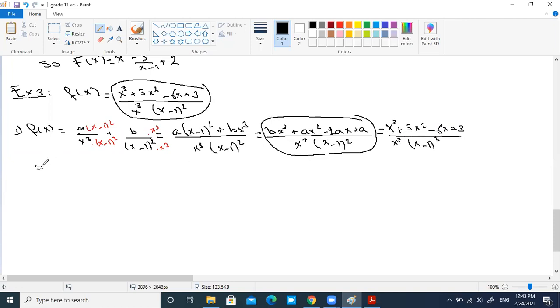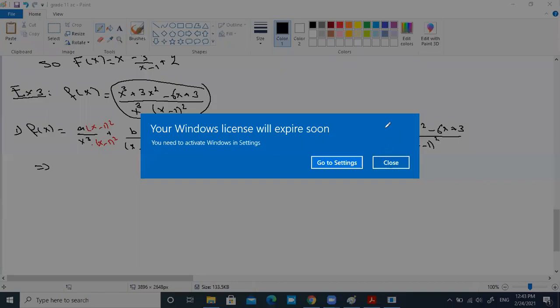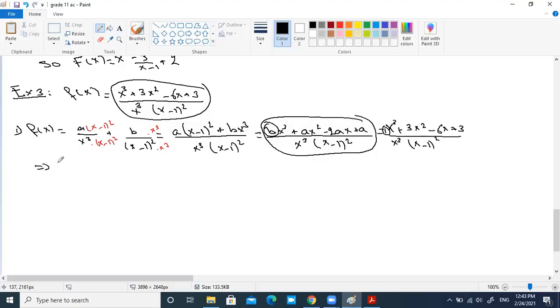It means that b, what is the value of b? b is equal to 1, and a should be equal to 3. To check, if a is equal to 3, here 3x squared, 3x squared. a is 3, minus 6x, here we have minus 6x.